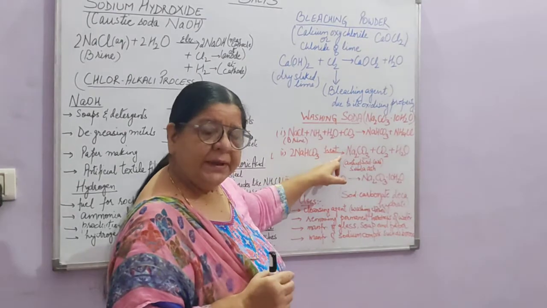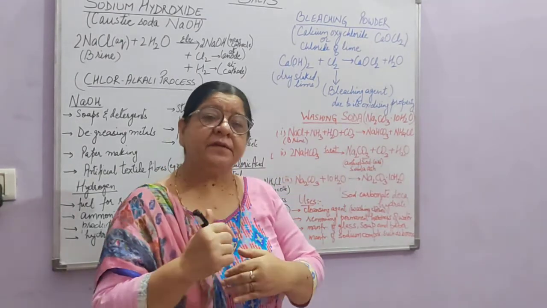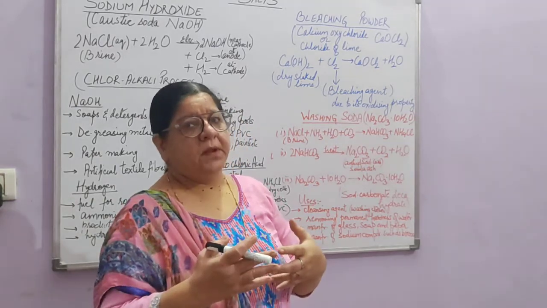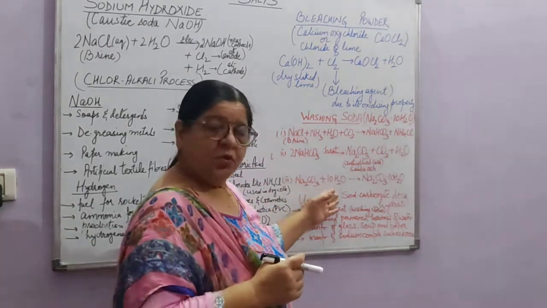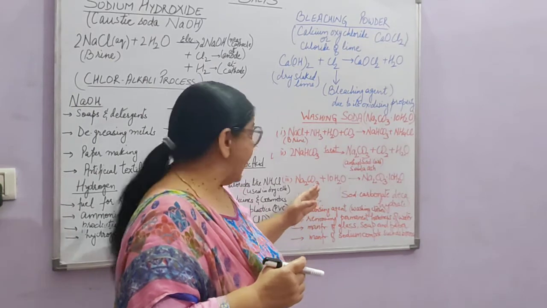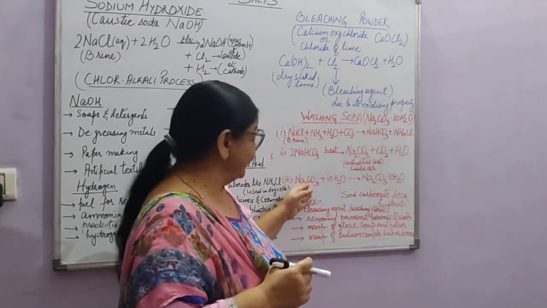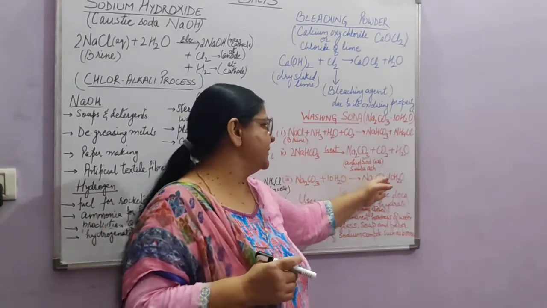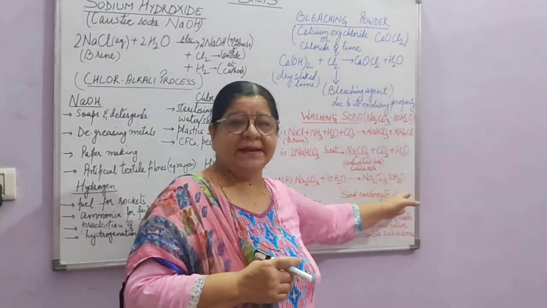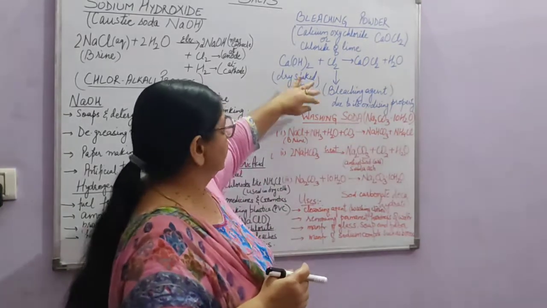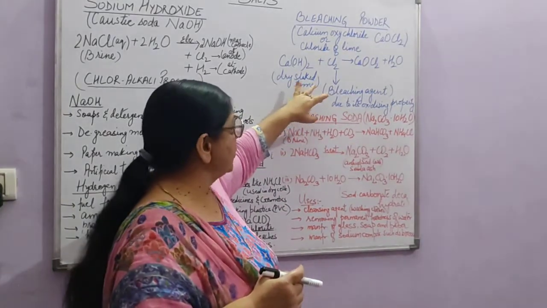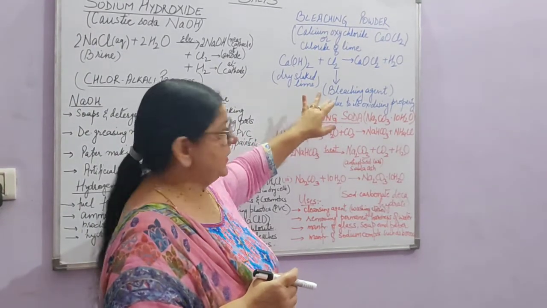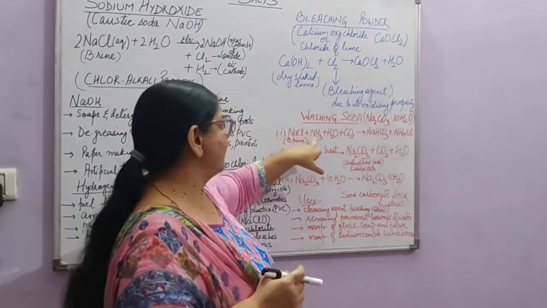Now we take this in the third step. This sodium carbonate is again mixed with water, right? So 10 molecules of water are added to this soda ash, that is sodium carbonate, and we get Na2CO3.10H2O, which is washing soda or sodium carbonate decahydrate, right? In the first step, what we do?